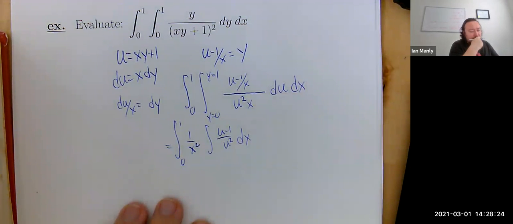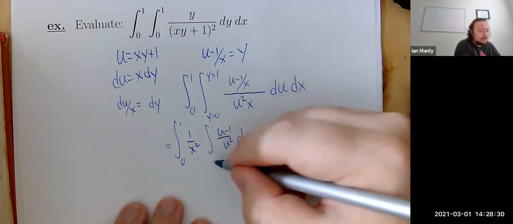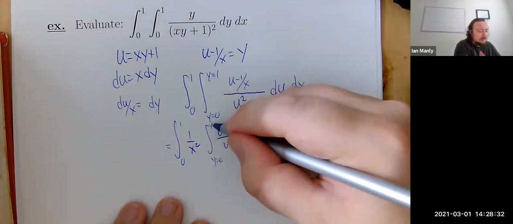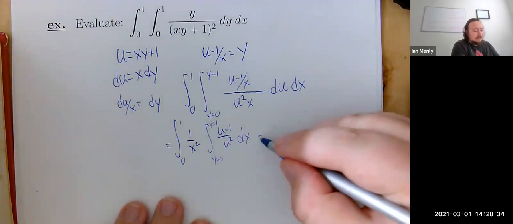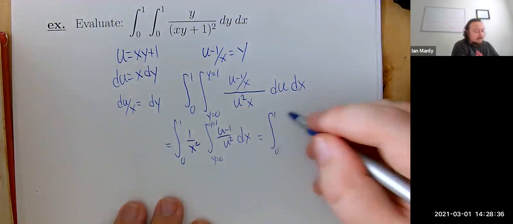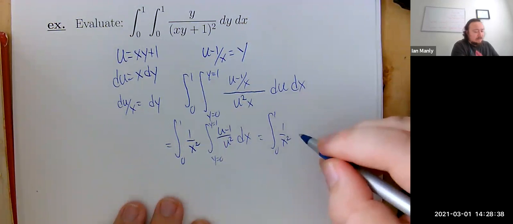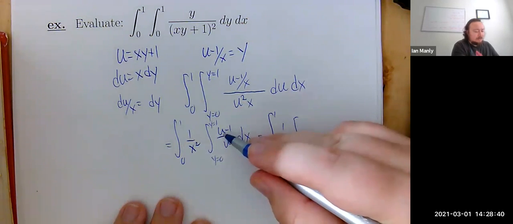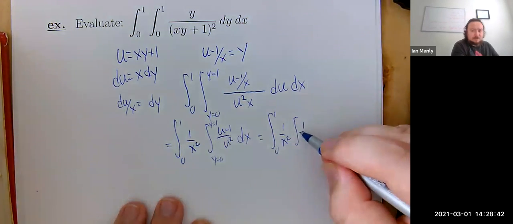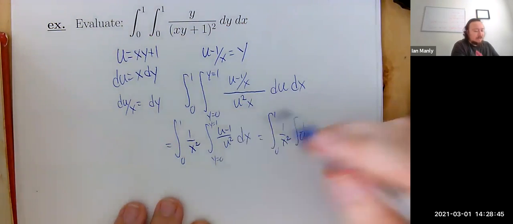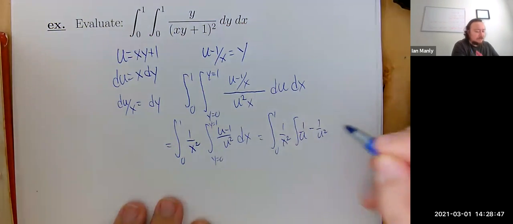Actually, wait a minute. Yeah, no, okay. So y is 0, y is 1. All right, so with this integral here, what we can do is we can split it up. So we have u over u squared is 1 over u, and then we have minus 1 over u squared here.